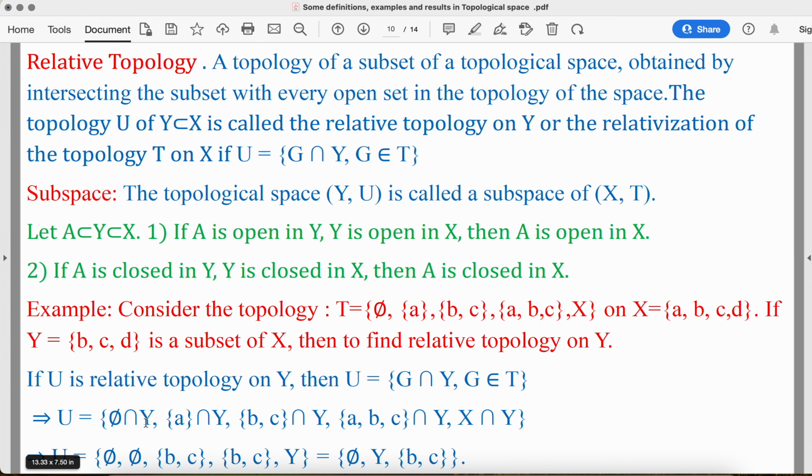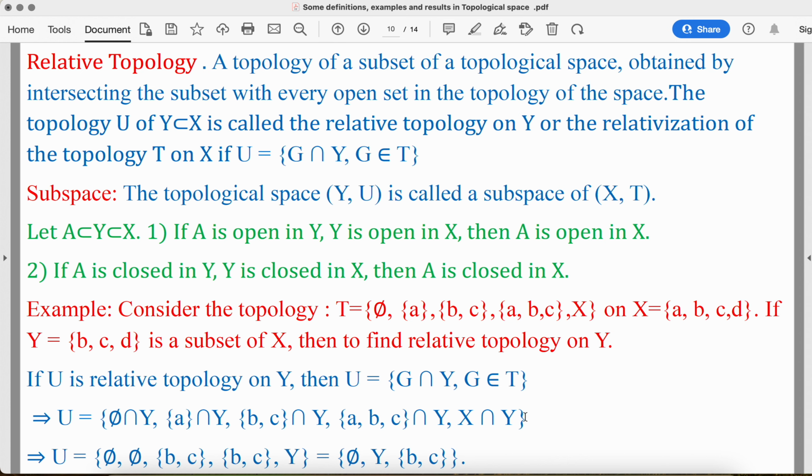So, phi intersection Y is phi. A intersection Y, where Y is BCD, so A intersection BCD is phi. BC intersection Y is BC because Y is BCD. ABC intersection Y is again BC because we don't have A here.